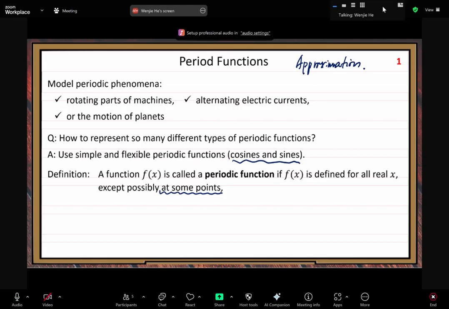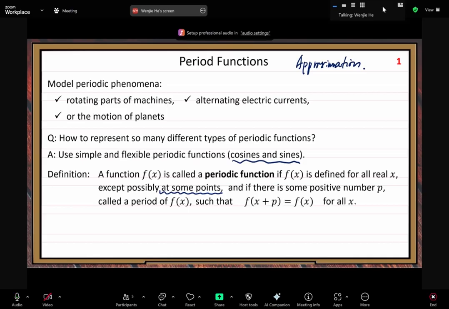Usually we understand it that way. And there is some positive number p, the period, such that f of x plus p equals f of x for all x. You just move to another period.